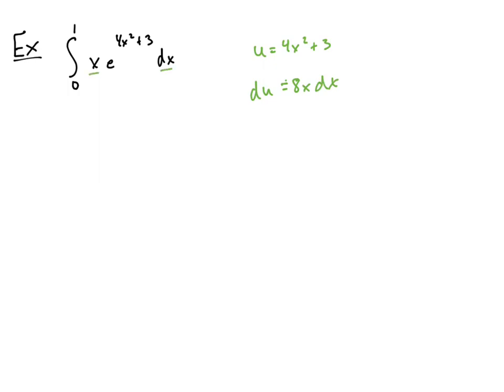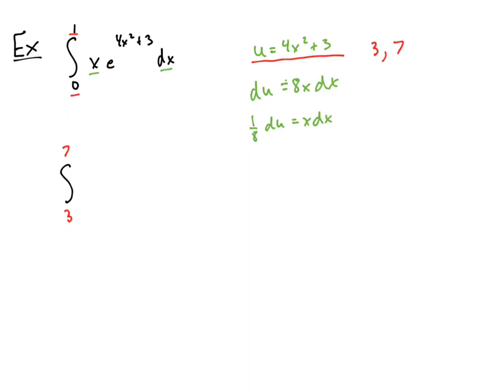So I have an x and a dx, so this will be 1/8 du is equal to x dx. Swapping out the limits of integration, when I input 0 into the u equation, we're going to get 3. And then when I input 1, we get 7. So our new integral will be 3 to 7.